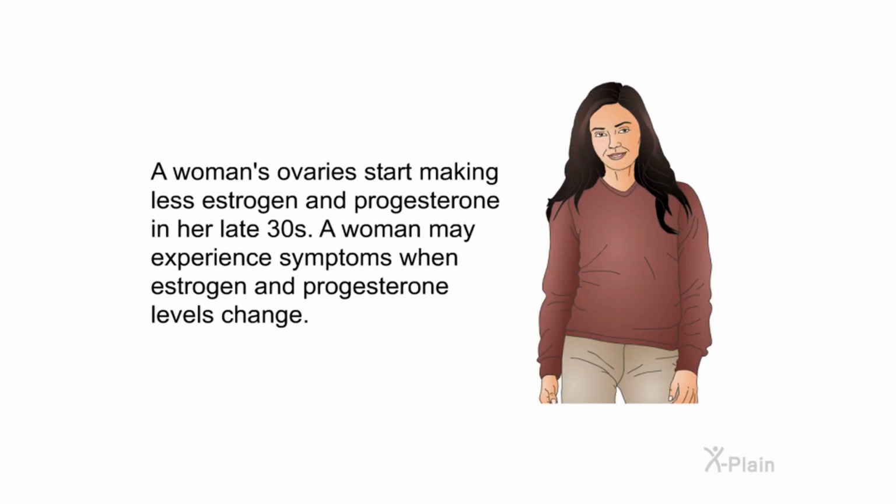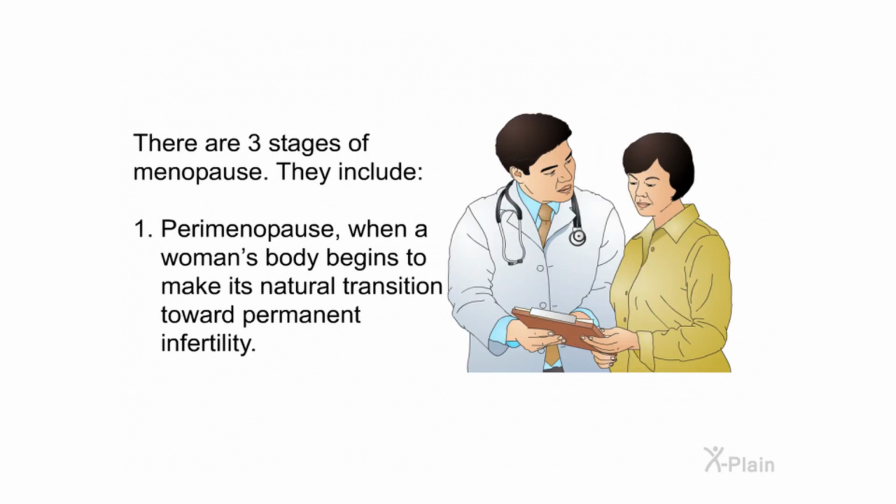A woman's ovaries start making less estrogen and progesterone in her late 30s. A woman may experience symptoms when estrogen and progesterone levels change. There are 3 stages of menopause. They include 1.